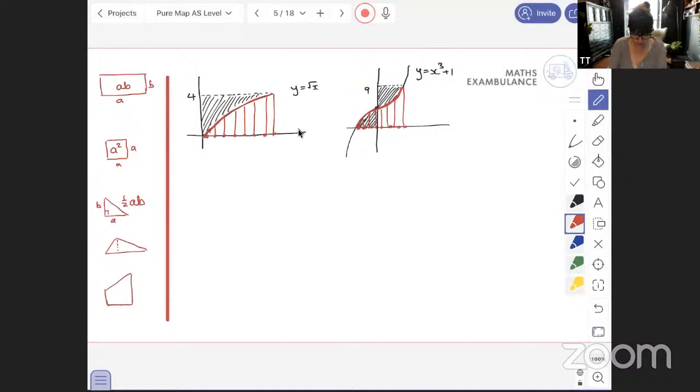This triangle, there's the base, there's the height, the area is a half AB. A trapezium, lots of people don't know the trapezium one. It's A and B added up, they're the parallel bits, and then you times it by half of the distance between them. And that's the area.